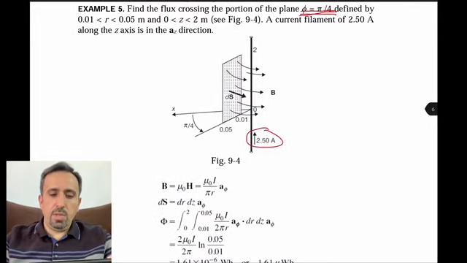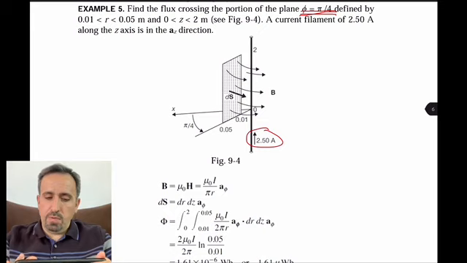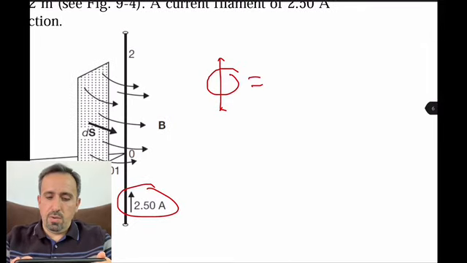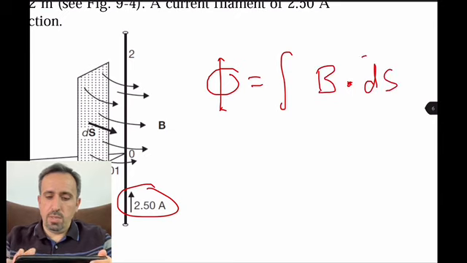Now the important thing is to know what's given to me. I have to find the flux. So the flux will be calculated like so: B dot dS, all over the surface area.